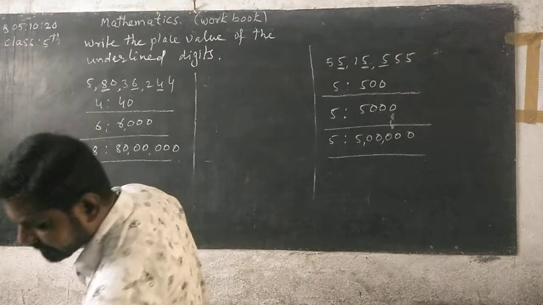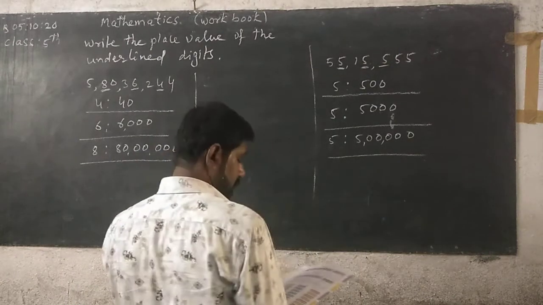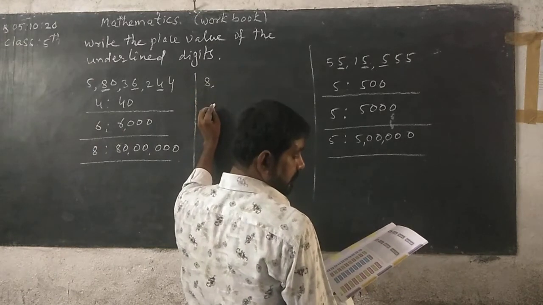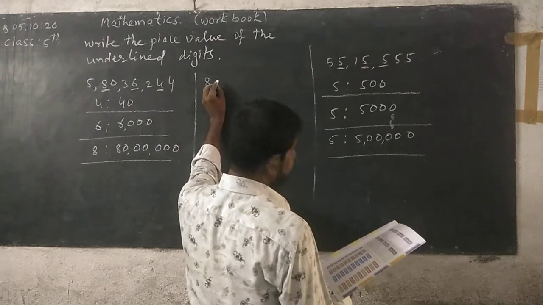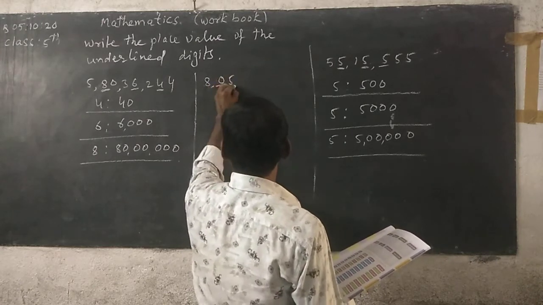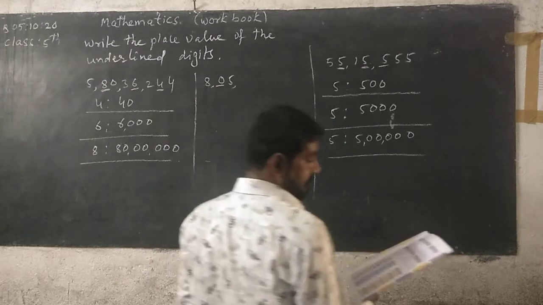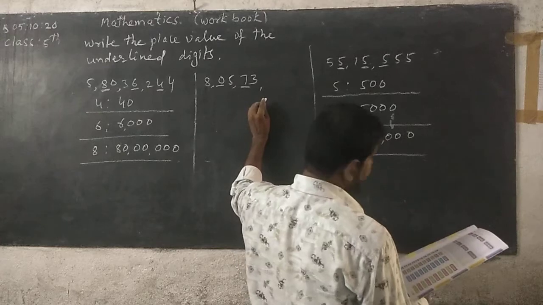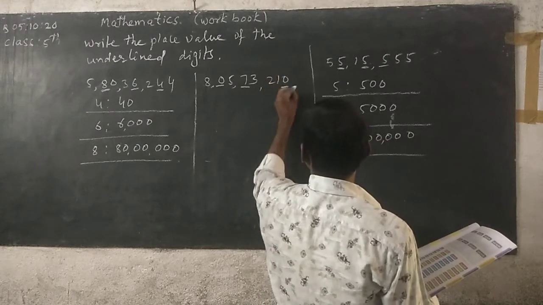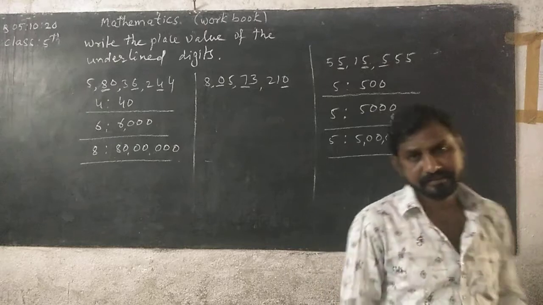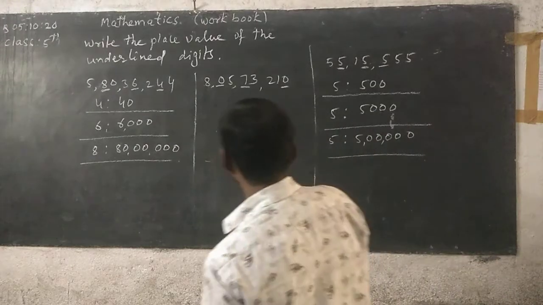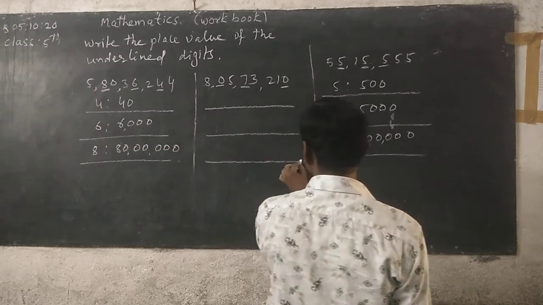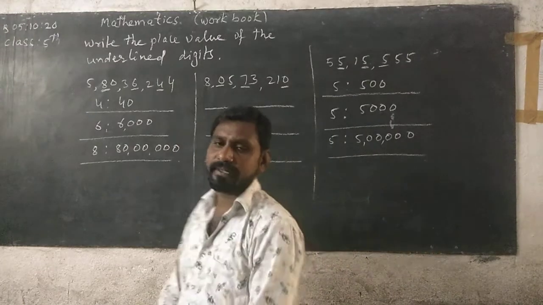Now next, 8 crore 5 lakh 73,210. So here the place value of 0 is always 0, whatever place it may be.